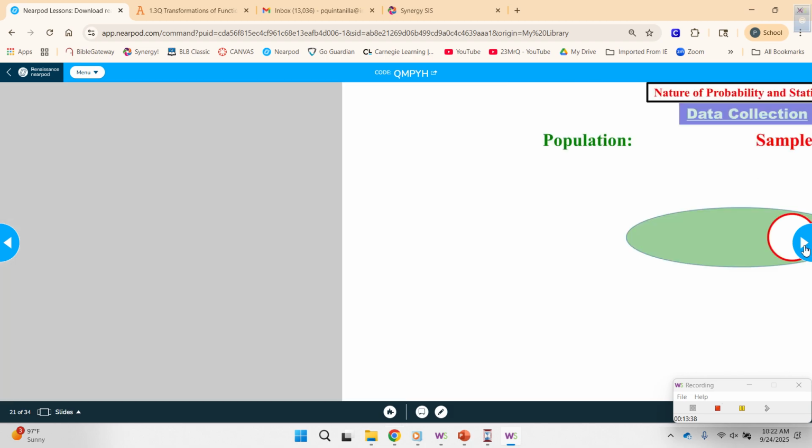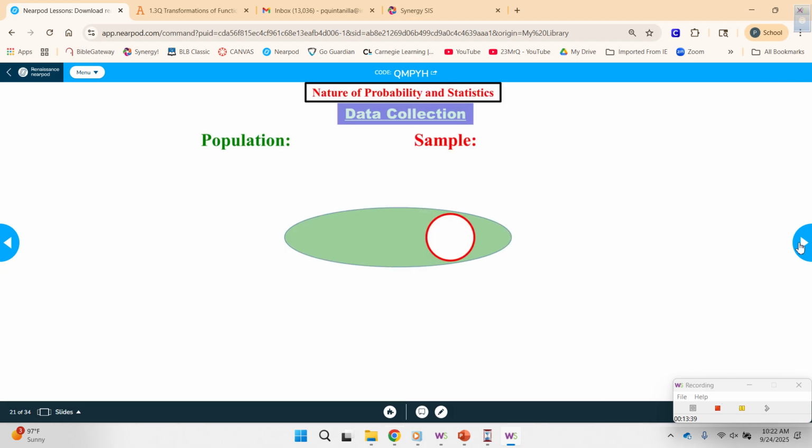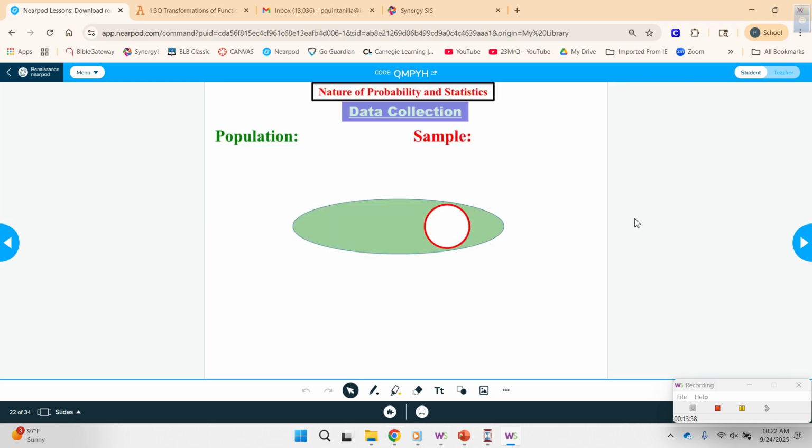Look up, please. Tell your neighbor the difference between population and sample. All right, screen, what is population? What is sample? For this one, let me pick someone from the other side.